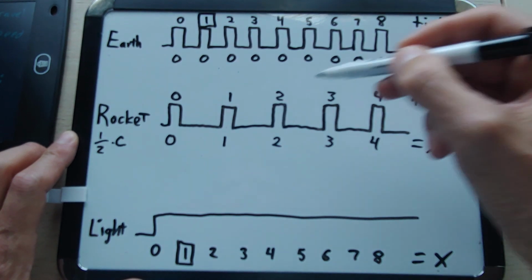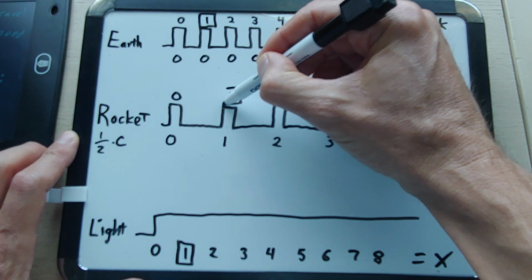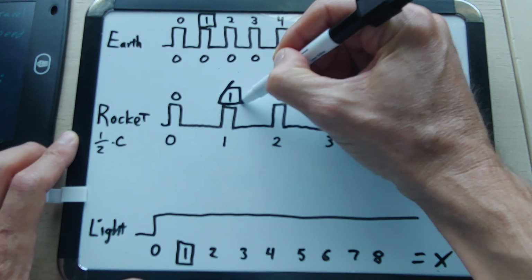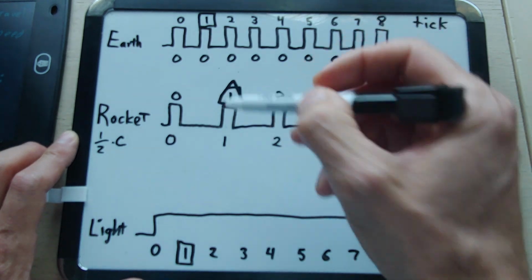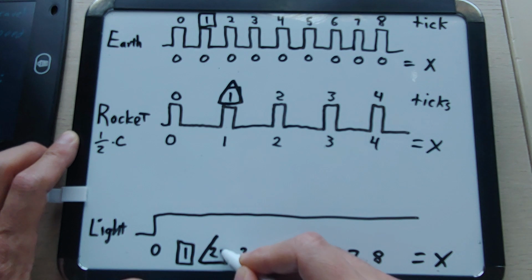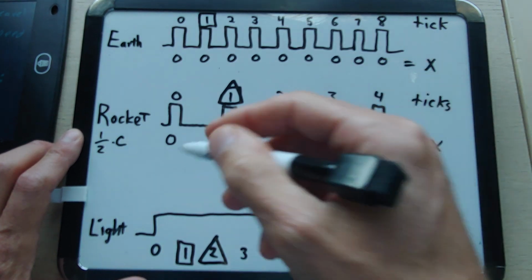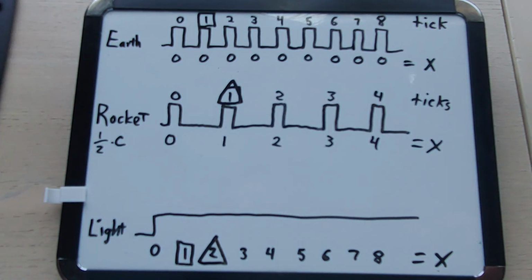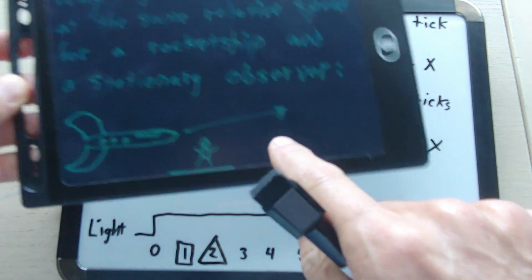And now at the rocket ship's tick 1, we'll make this a triangle. Where is the light at his tick number 1? Well, the light is here at position number 2. Right away you can see why the person on the rocket ship sees light exiting his ship at the speed of light.